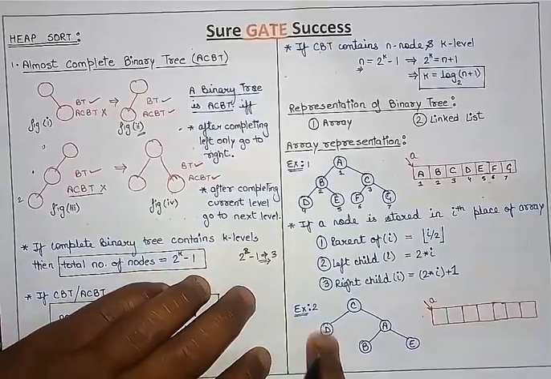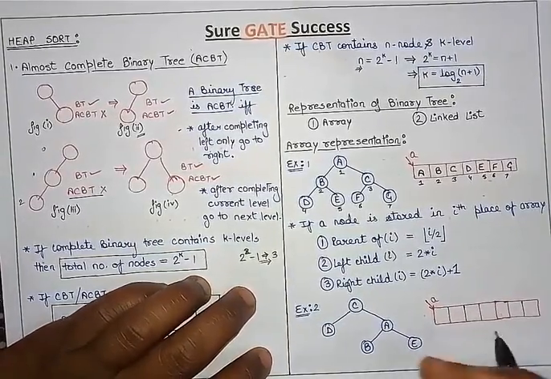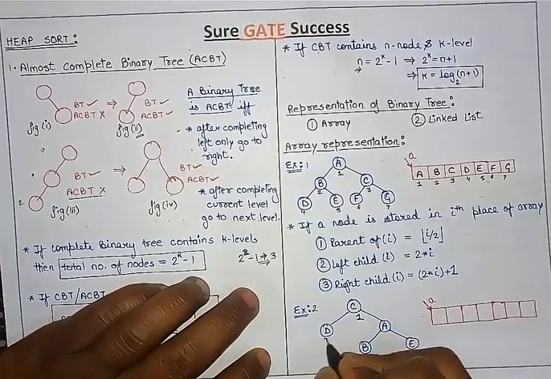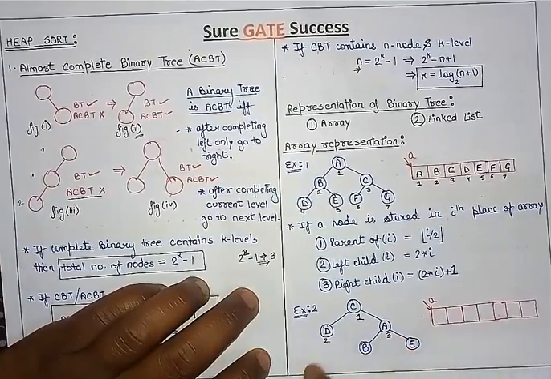Let's have a quick look at the second example also. In the second example, D doesn't have a child. In that case, firstly we number them 1, 2, 3.